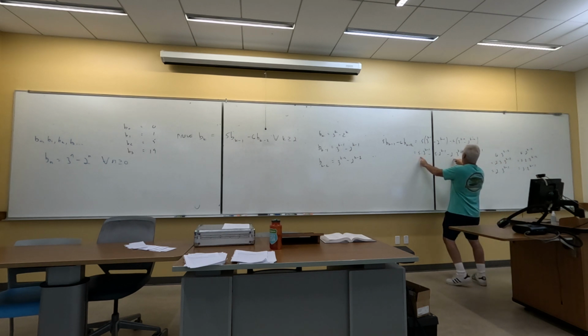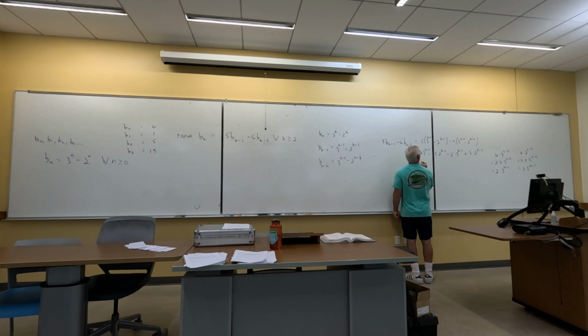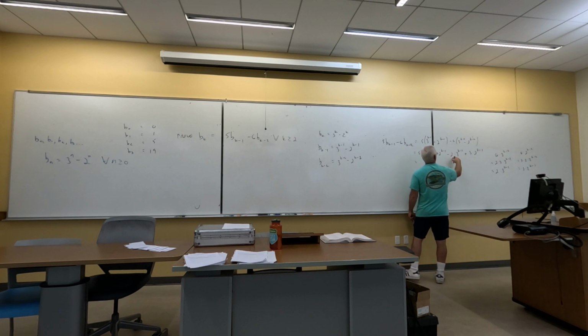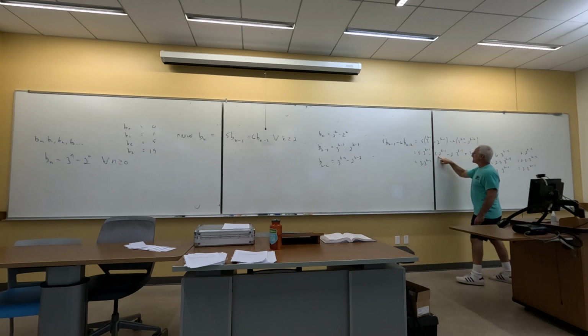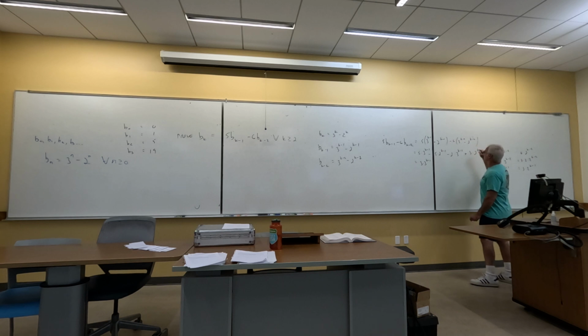I have 5 of them minus 2 of them. What does that give me? No, 5 minus 2. I'm adding them. So 5, 3 to the k minus 1s, minus 2, 3 to the k minus 1s. That would be 3, 3 to the k minus 1s. I have negative 5, 2 to the k minus 1s, plus 3, 2 to the k minus 1s.